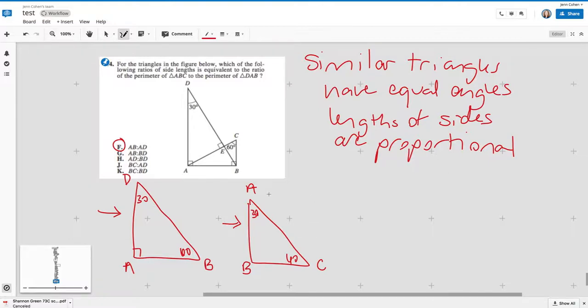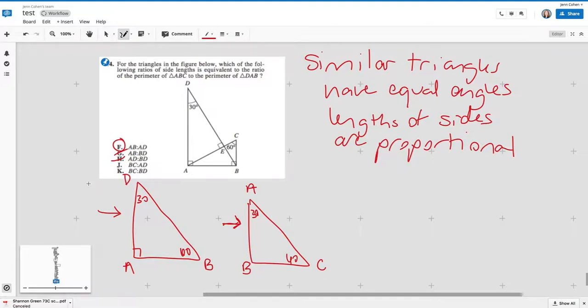AB is not equivalent to BD because that would be this side equivalent to the hypotenuse of that one, which is not true. So that one is wrong. AD and BD are both on the same triangle, so that doesn't work.